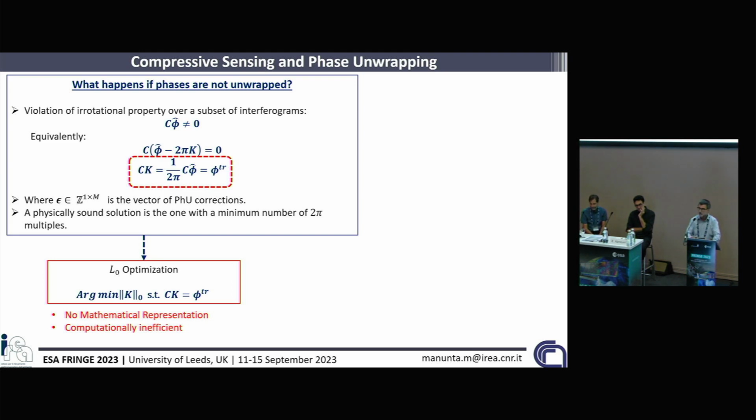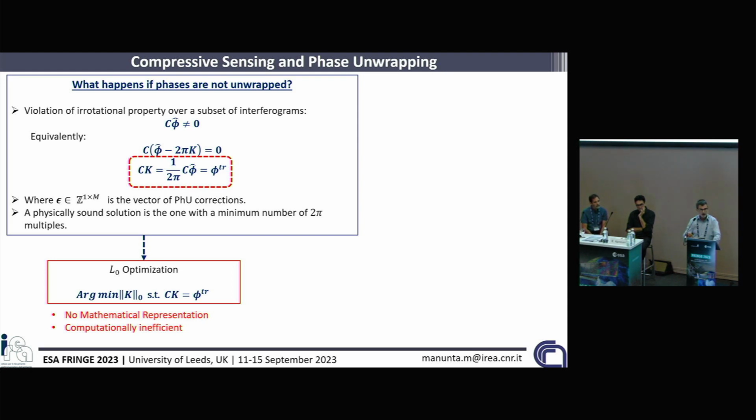We can do it when our solution vector, the K vector, is a sparse vector. A vector is sparse when the number of non-zero elements is much smaller than the number of elements of the vector.